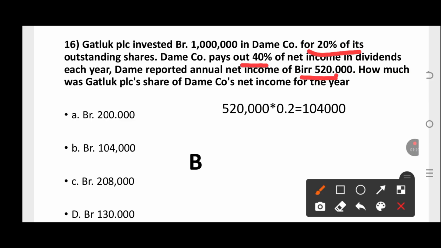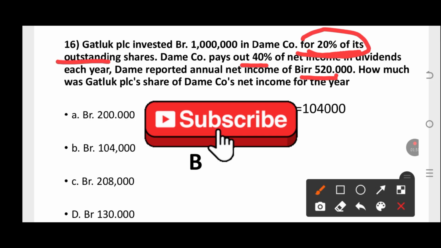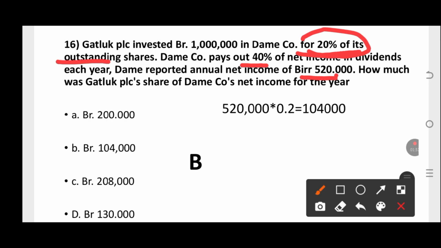He has 20% of the outstanding shares. So we multiply the annual net income by the outstanding share.